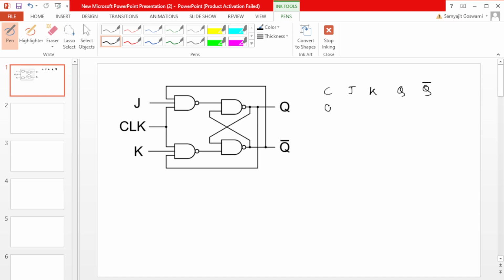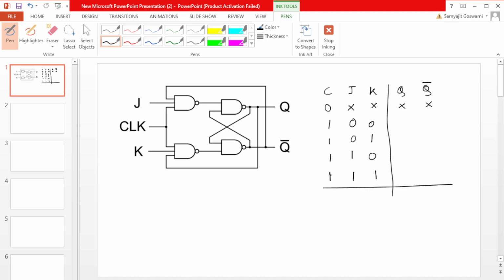If clock is 0, then whatever the J and K condition, Q and Q bar will have no change in output. There will be 4 combinations: 0 0, 0 1, 1 0, 1 1. In all 4 conditions, clock is 1.